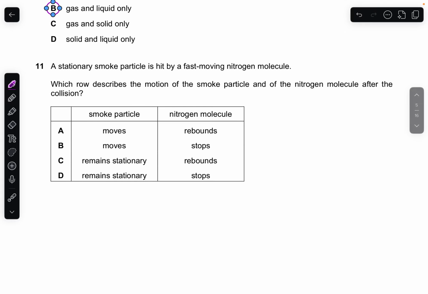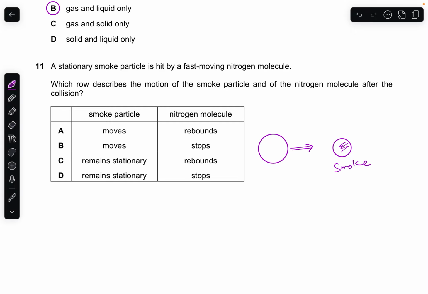A stationary smoke particle is hit by a fast moving nitrogen molecule. Which row describes the motion of the smoke particle and of the nitrogen molecule after the collision? Okay, if there is some smoke particle that is stationary and a nitrogen molecule is going to hit it, what can happen?